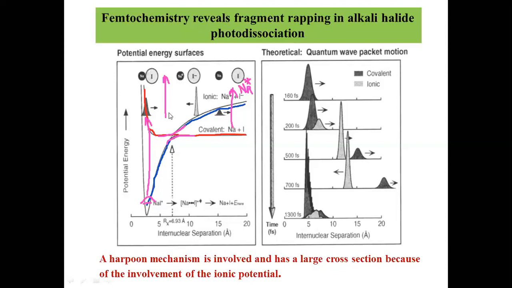So now the second time when I trap this transient species, the intensity is going to be low, right? So it will be oscillatory. Each time the wave packet comes here, some portion tunnels through and some portion goes back. So I'm going to get oscillation.